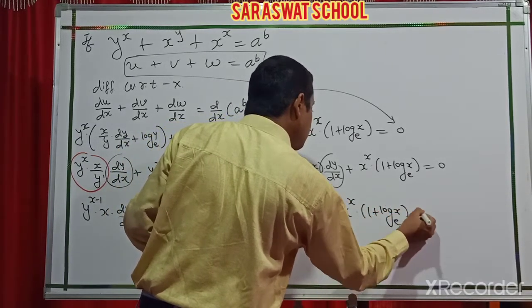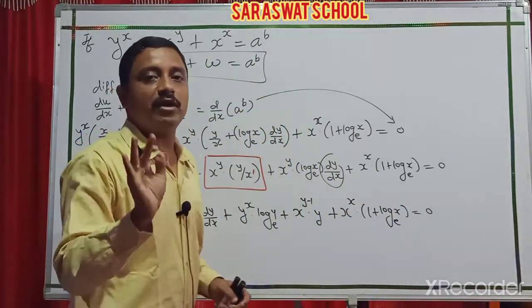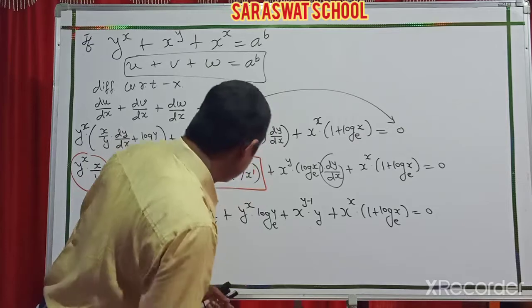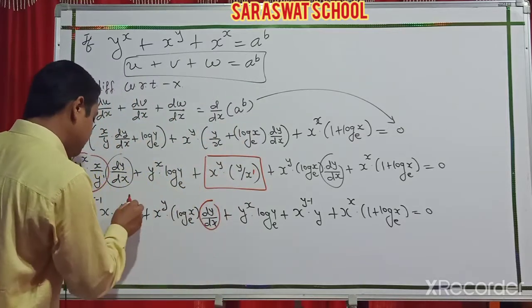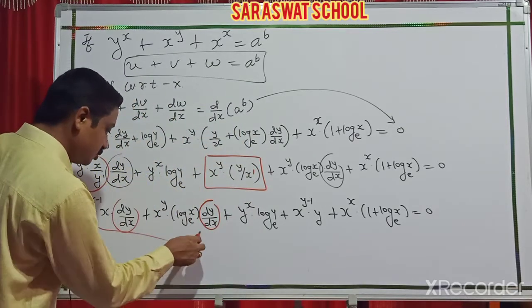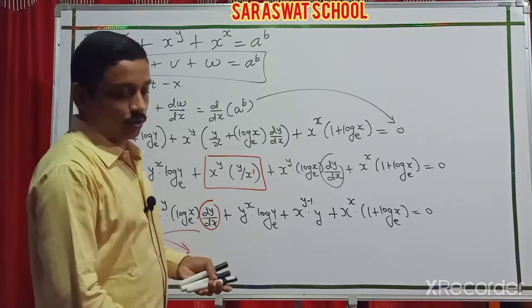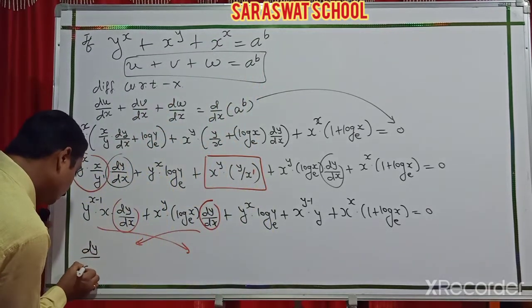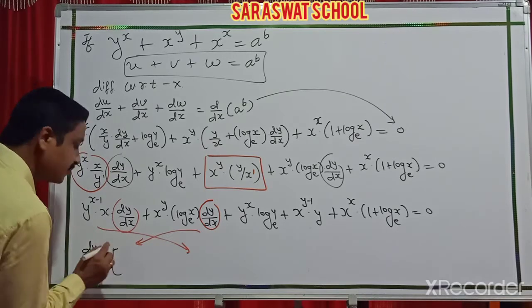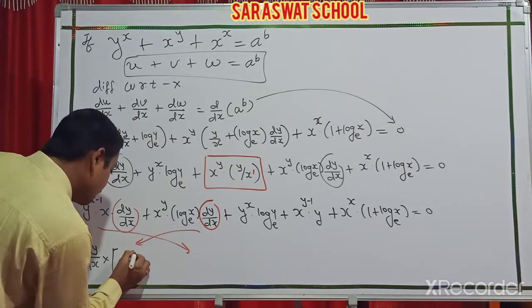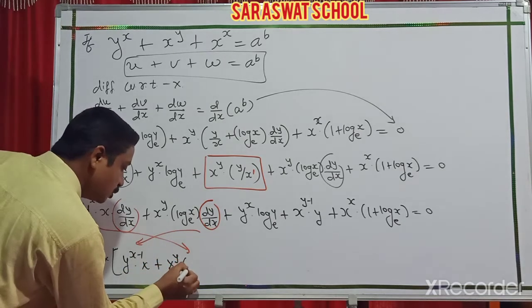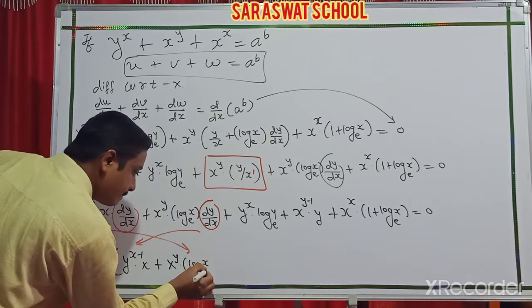Now students, my target is to achieve dy by dx. Taking dy by dx common in both these values, you just take out dy by dx as common, and what is the remaining? I hope you understood: y raised to x minus 1 into x, plus x raised to y into log x base e.